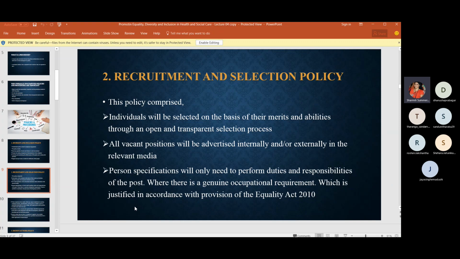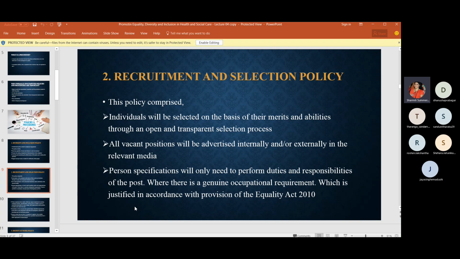They shortlist the people who are most compatible for that particular vacancy, and after that they go for the interview. In the interview, they can find out who is most appropriate for that position. So this is the normal way, the equality way of providing opportunities and chances for any individual.